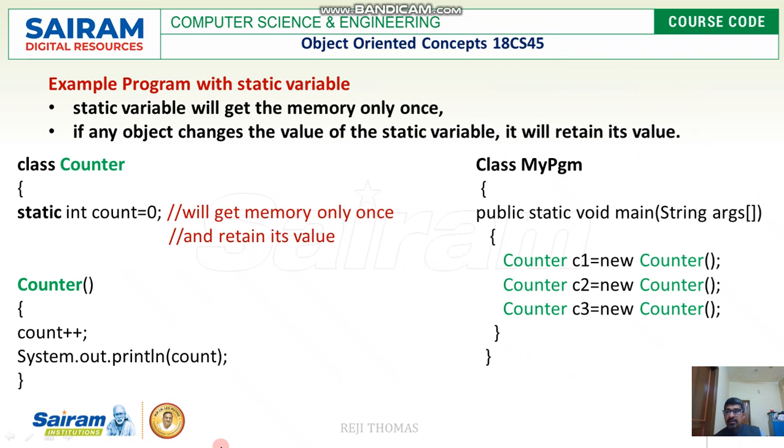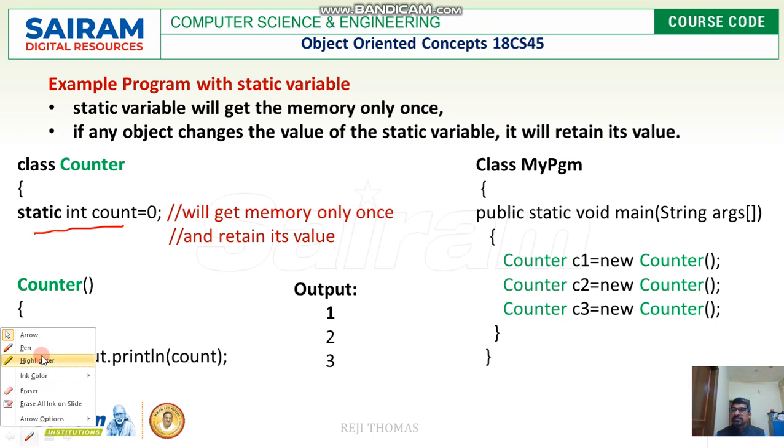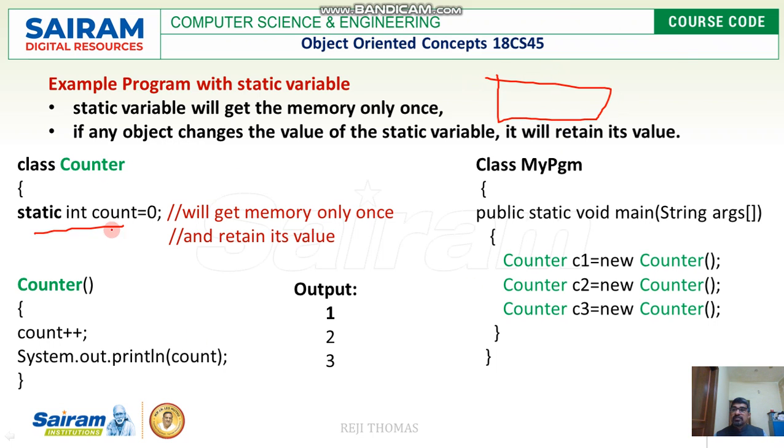Now look at the static variable. What changes are made? I just made this static, and look at the output. I'll be getting it as 1, 2, 3, because every object will not have its own space. So please remember it. A static variable will get memory only once. So what is my variable?